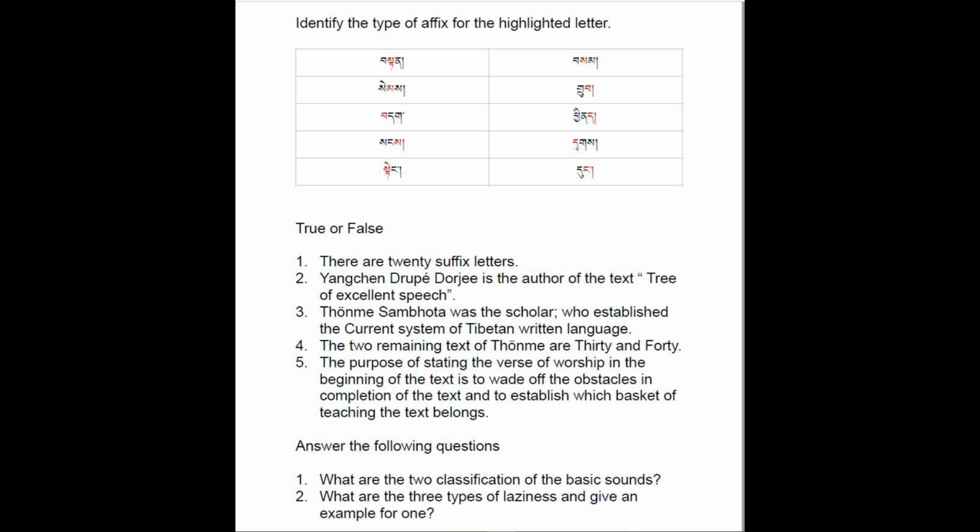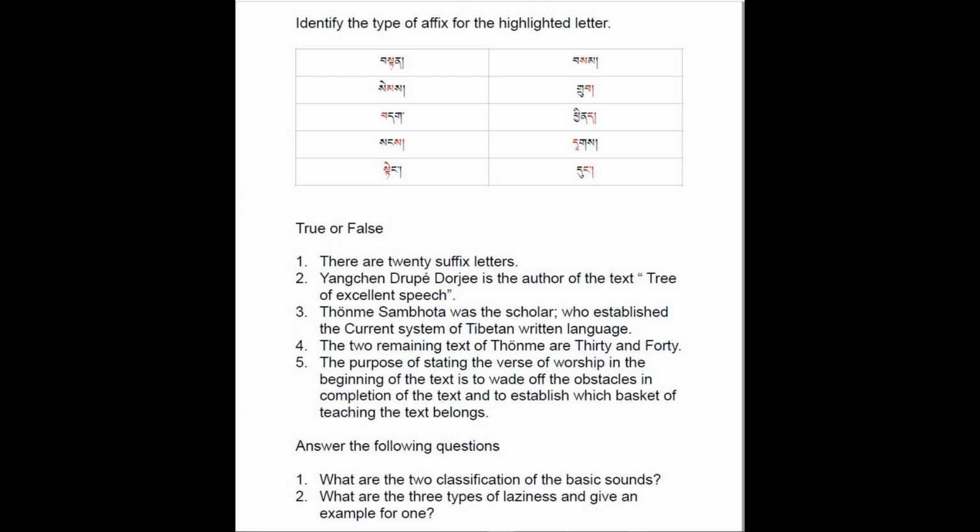The writing system we use to write the Tibetan language was created by Thonmi Sambhota, the 7th century scholar and one of the 2 great ministers of the 33rd king of Tibet, Songtsen Gampo.